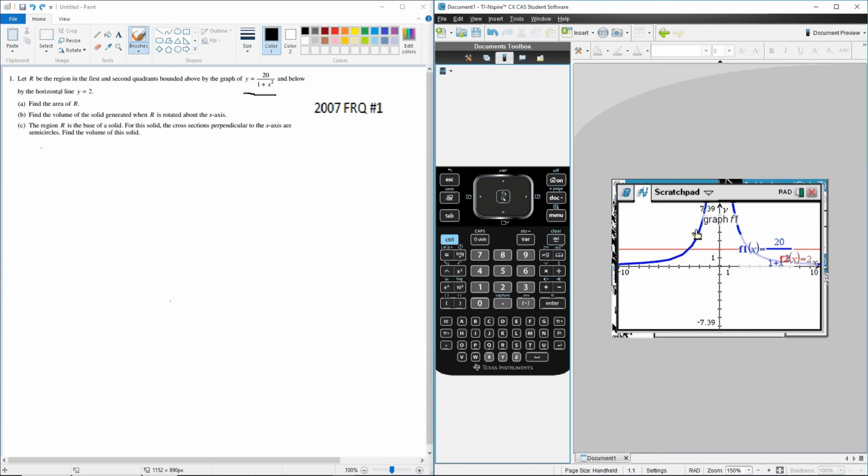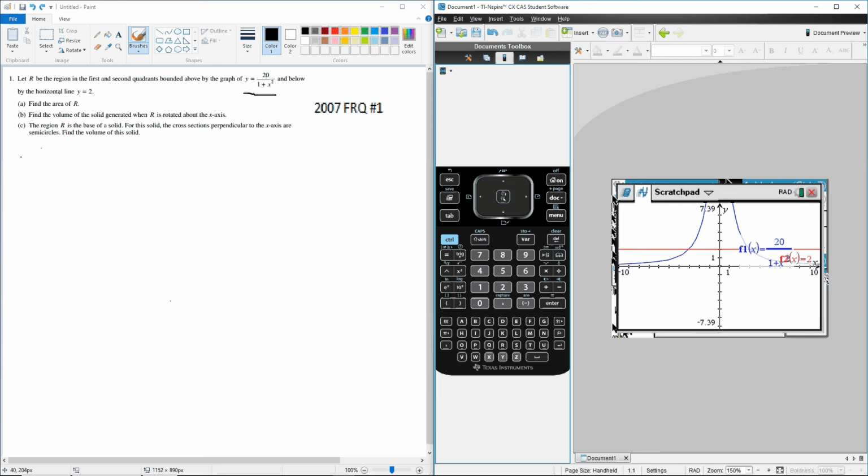We should remember that the volume of this region rotated around the x-axis is going to equal the volume of this whole region that's under F1 when that's rotated around the x-axis, minus when this bottom area, F2, is rotated around the x-axis, and it's going to leave us with just the volume that we want. It's the same idea as part A, except it deals with volumes instead of areas.